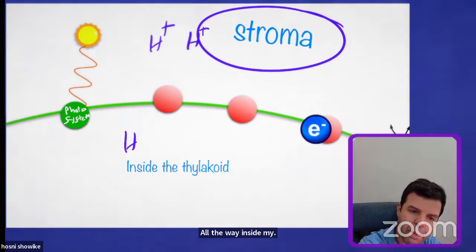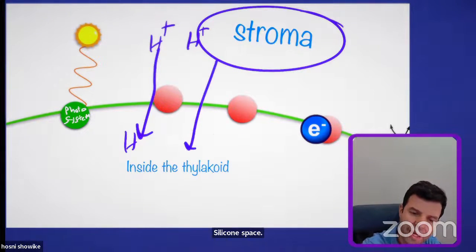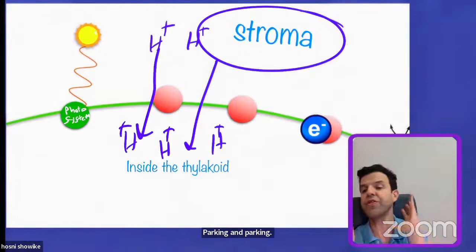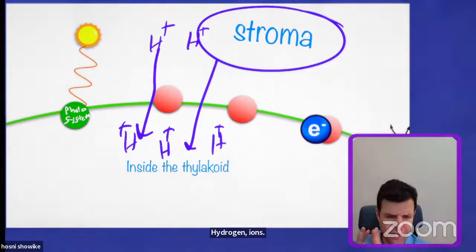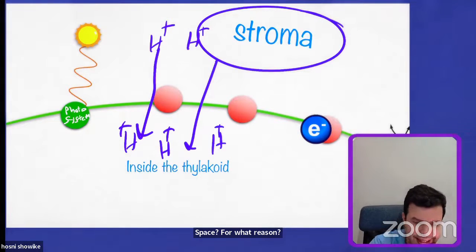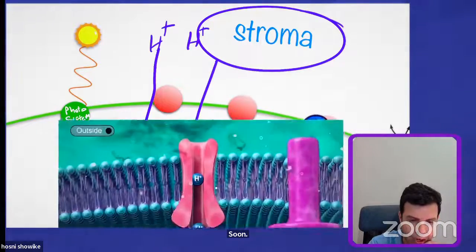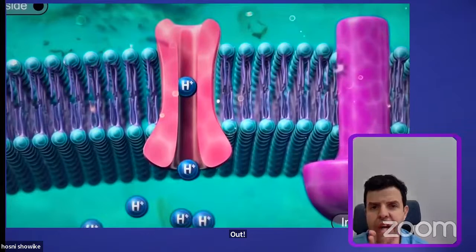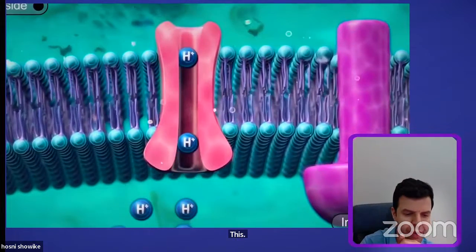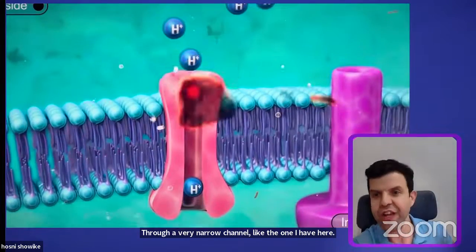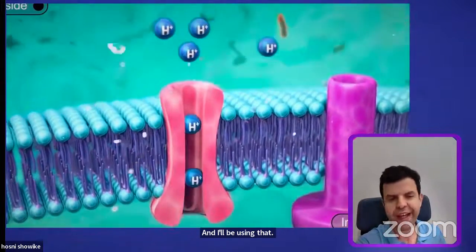So see, I'm packing hydrogen ions inside the thylakoid space. For what reason? Soon I will let those hydrogen ions out like this through a very narrow channel, like the one I have here. And I'll be using that energy that I've stored there for what?